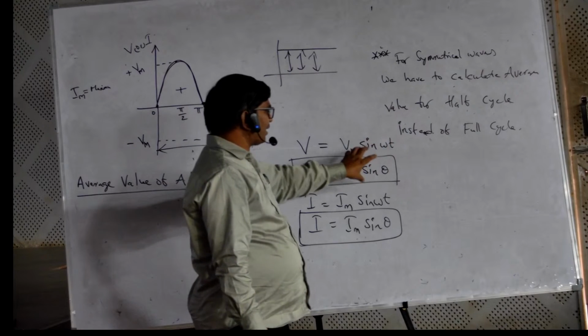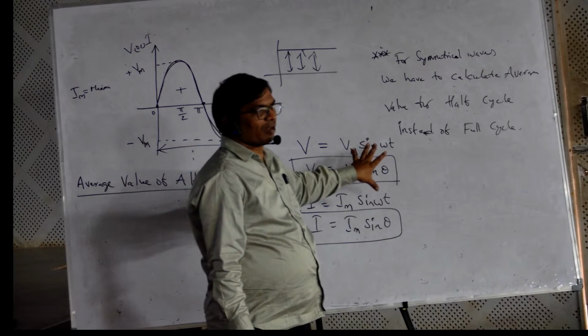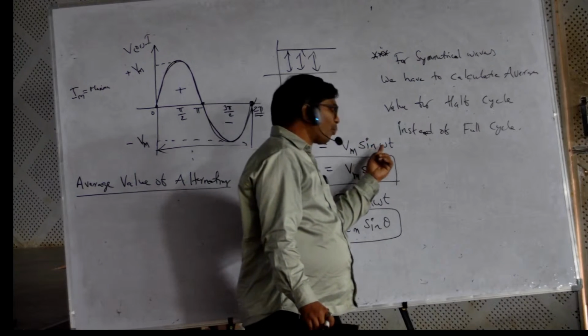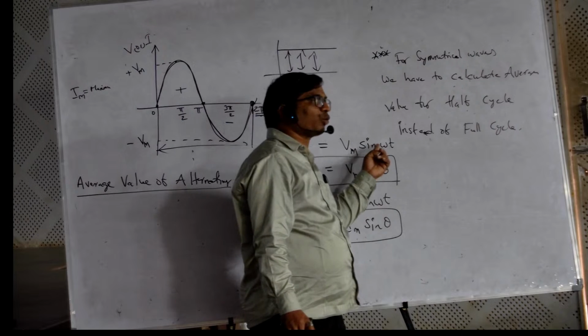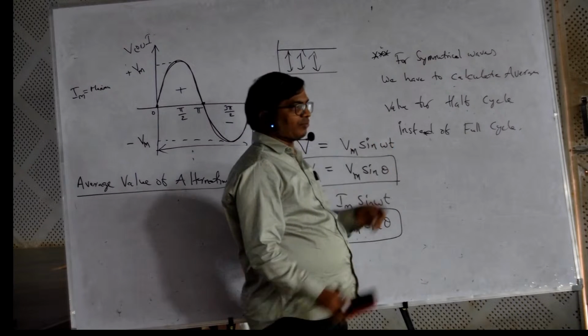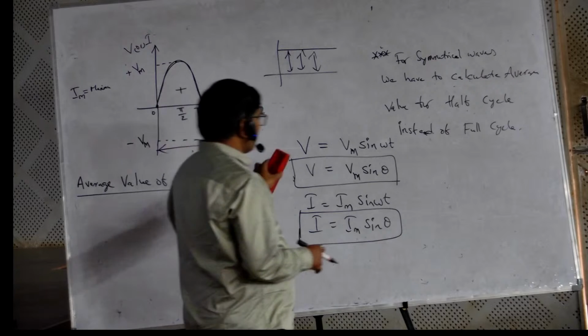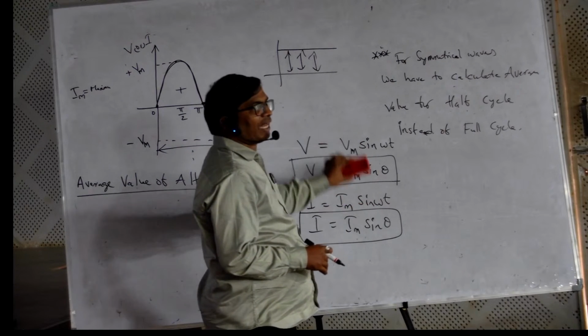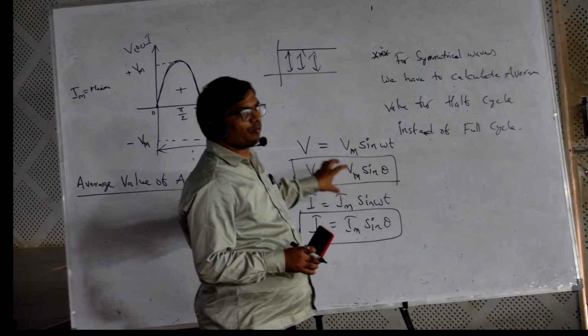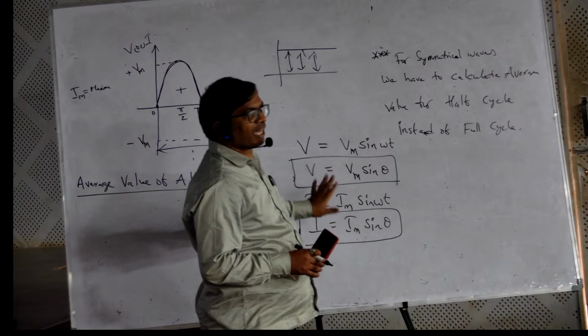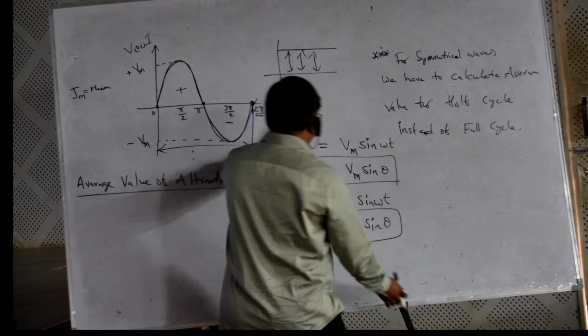So I have represented it in general terms. What is omega here? Omega is nothing but 2 pi f. This is the representation of any sine wave formula, voltage or current.